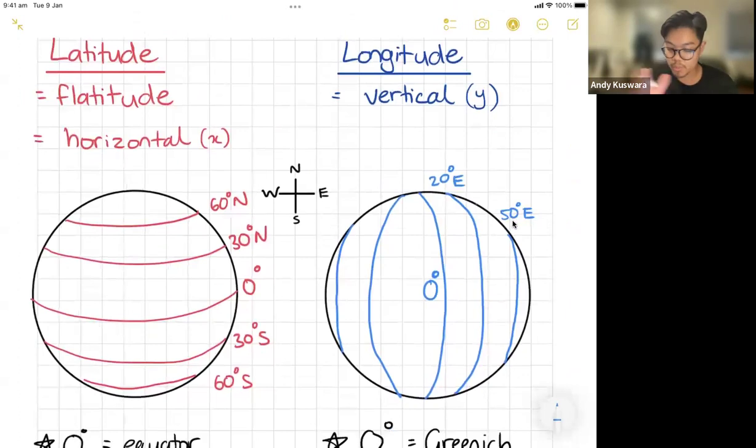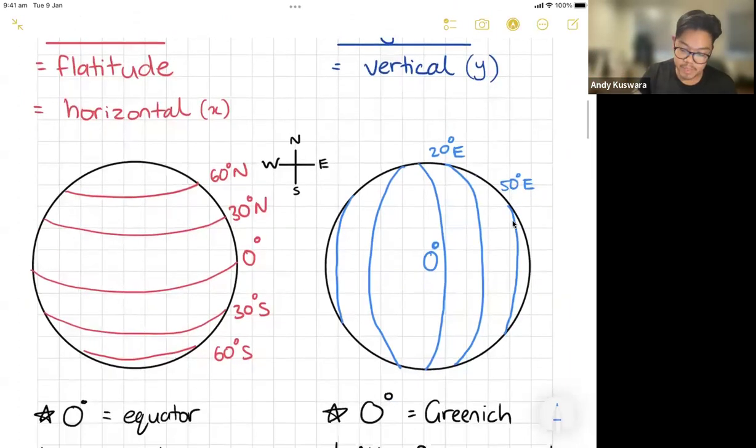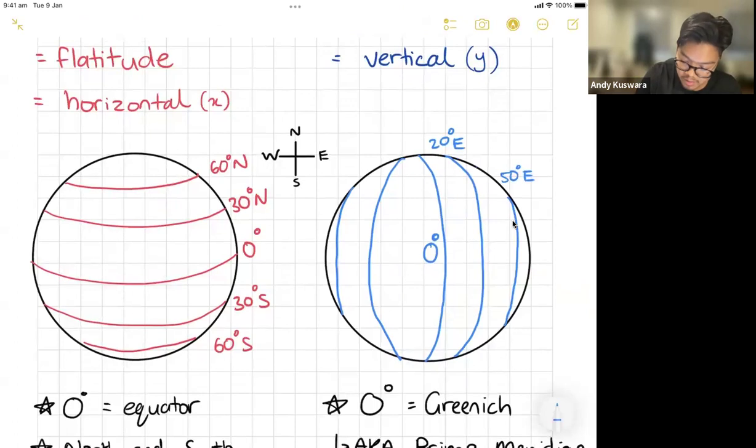As I go further towards the right of the 0 degrees at Greenwich, my east gets larger and larger. And if I go on the left-hand side, it would be 20 degrees west, or 50 degrees west, because I'm traveling further towards the west.